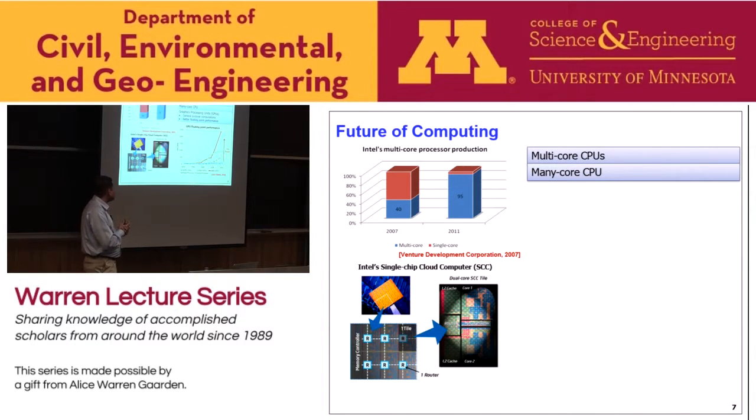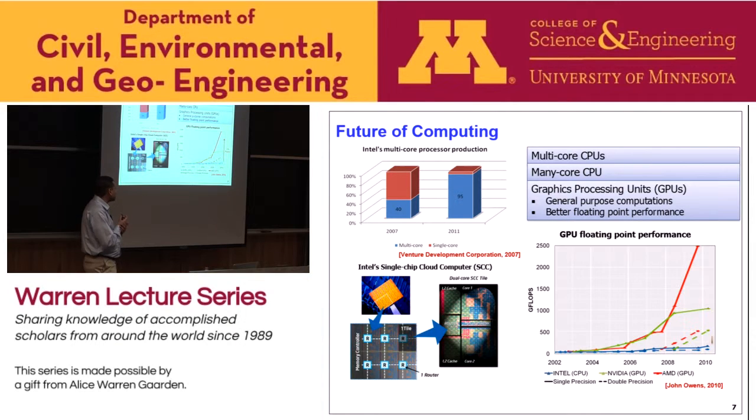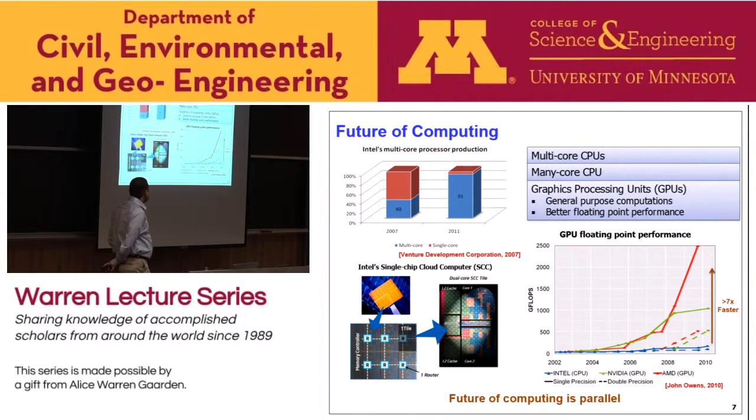If you think of GPUs, this was back in 2011. They were almost 7 times faster than CPUs at that time. The red and green lines are NVIDIA and AMD GPUs, whereas the dotted blue lines are the Intel CPUs.